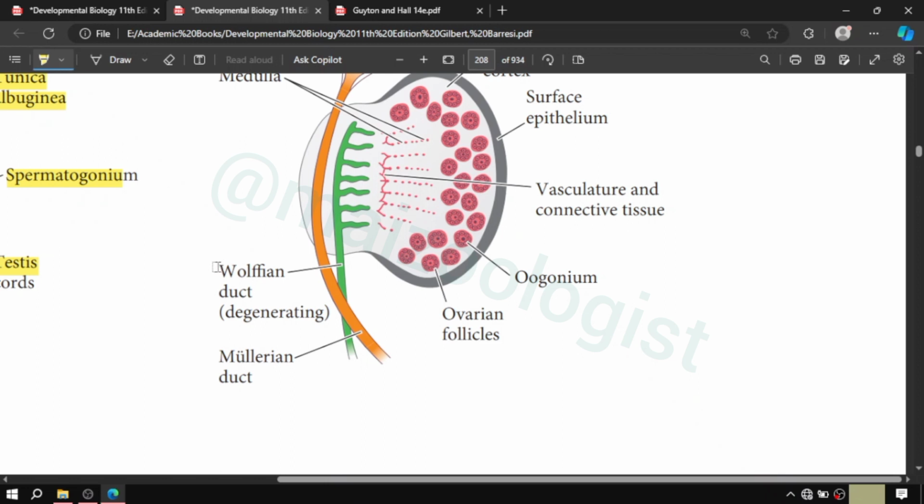Here we can see that the Wolffian duct is going to degenerate. However, the Mullerian duct is going to be present, and it is going to develop into a number of parts of the female reproductive system that we studied a while ago.